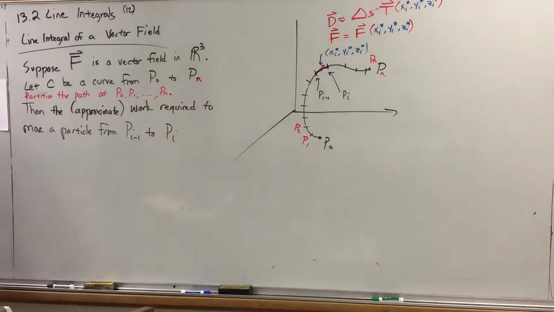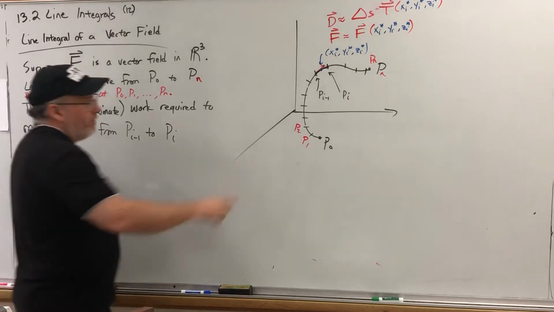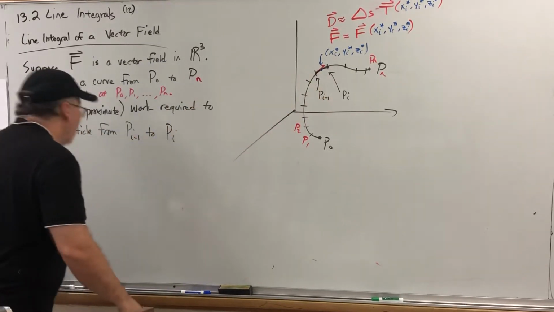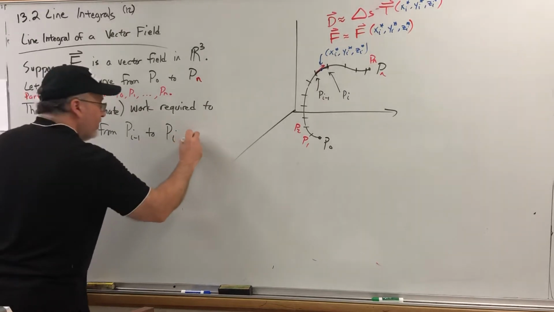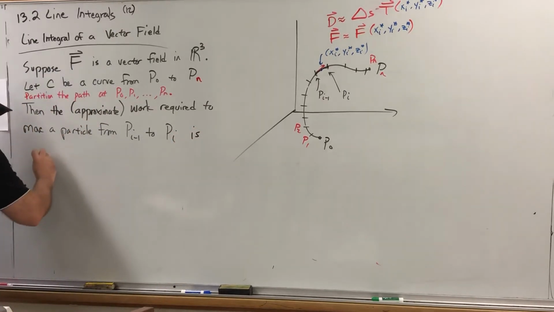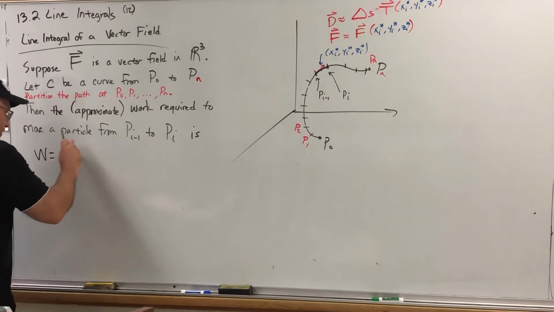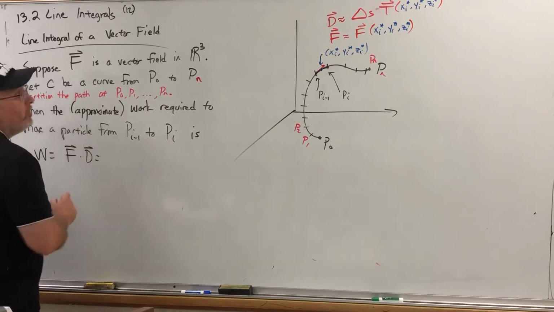Then the approximate work required to move a particle from one partition point to another is the force vector dotted with the displacement vector.